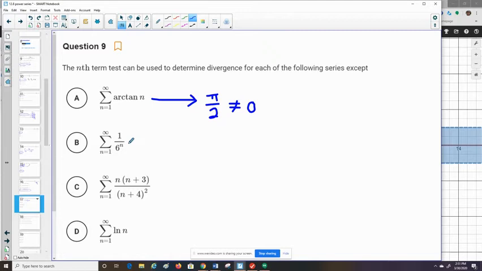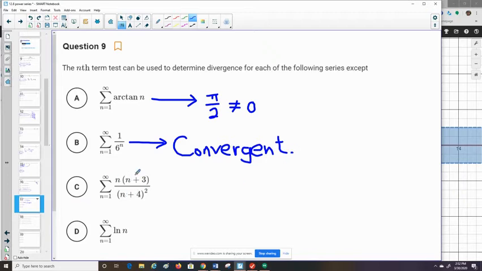This one, well, the terms are going to 0, so the nth term test is inconclusive. We know that this is a geometric series, so this one converges, but the nth term test is not telling us that. Convergent. This is as painful for you to watch as it is for me to write. You don't have to answer that.